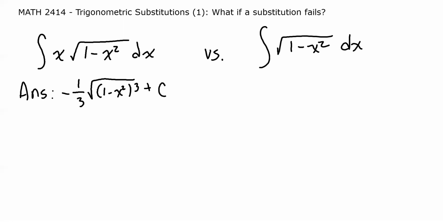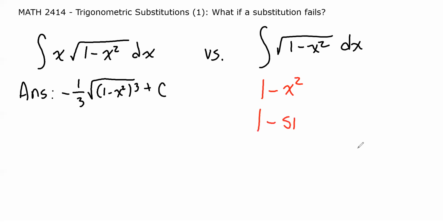Notice the radicand, the part under the square root, is 1 minus x squared. We have some trigonometric identities that contain an expression of this form, 1 minus something squared. In fact, there's two of them.